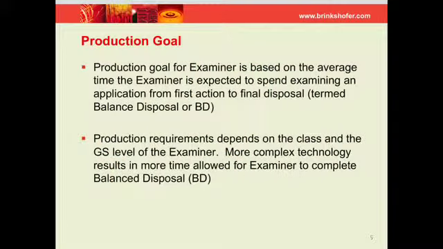Now we're going to talk about production goals. The production goal for an examiner is based on the average time the examiner is expected to spend examining an application from first action to final disposal. This entire process is called balanced disposal, or BD.